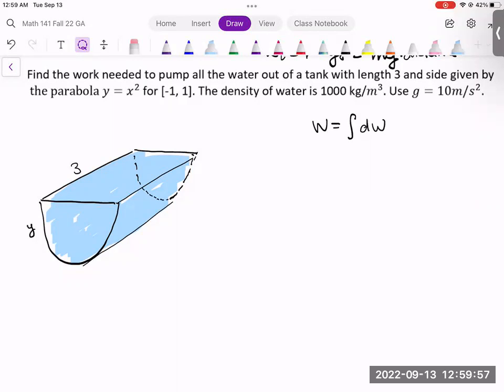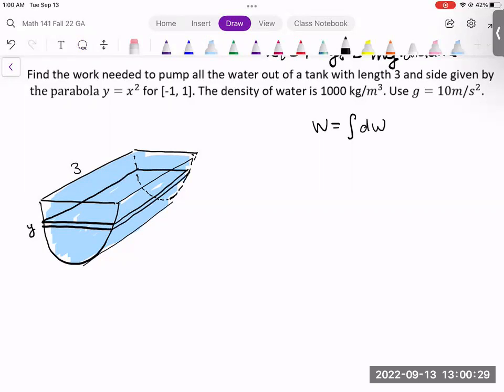Okay. So the principle we're going to use is that the work is the integral of a bunch of little works. And so what we're going to be thinking of doing is taking our tank of water, and cutting it up into a bunch of these super thin slices, a slab of water, if you will.